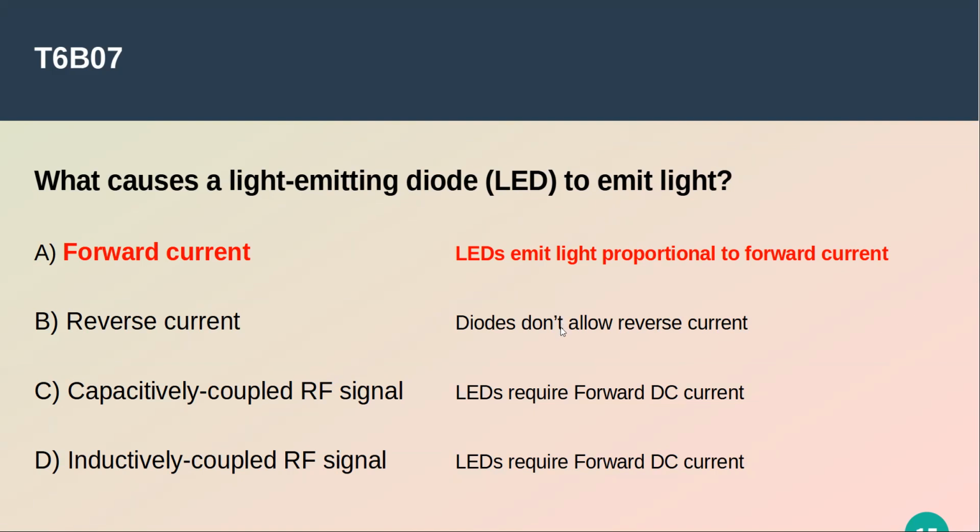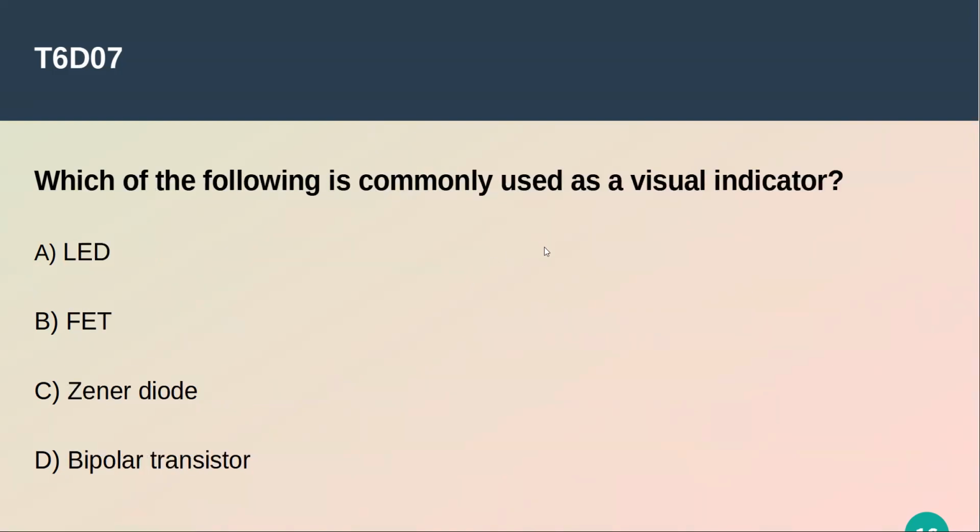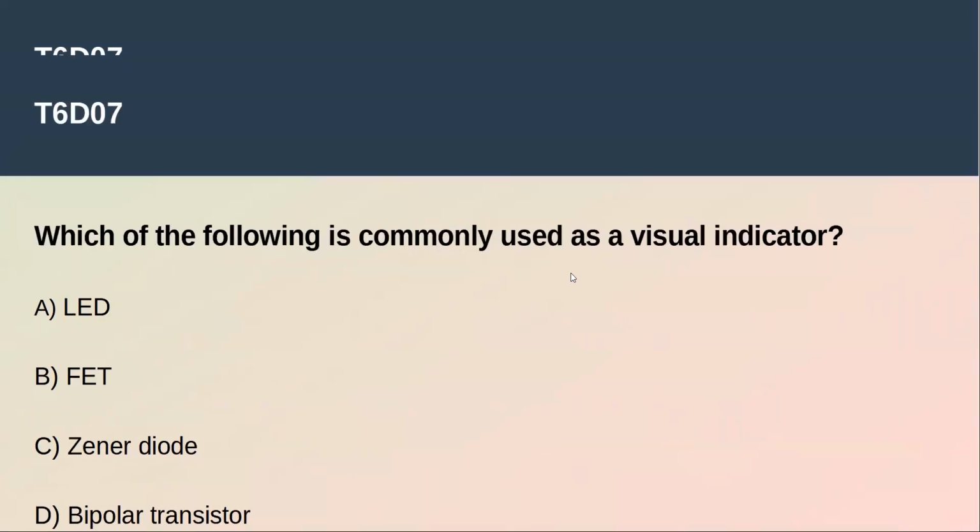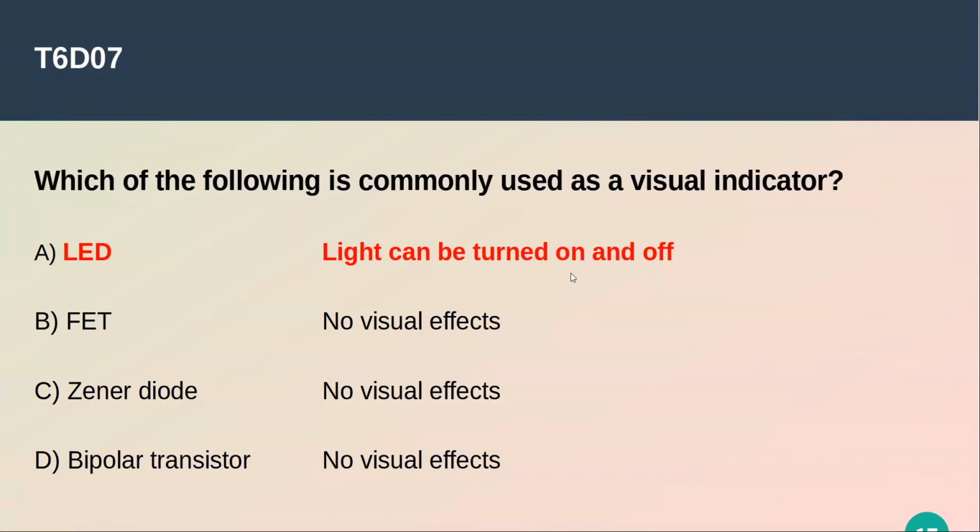It's in the microamps. Capacitively coupled RF signals and inductively coupled RF signals have absolutely nothing to do with LEDs. Which of the following is commonly used as a visual indicator? I didn't talk about that, but it should be obvious. Yeah, that would be, of course, LEDs, for years. Right. You can turn them on and off, or you can vary the intensity.